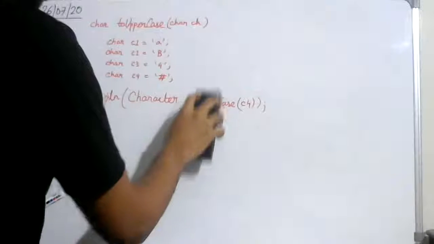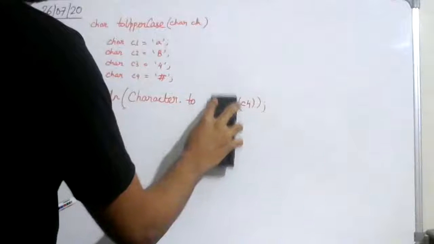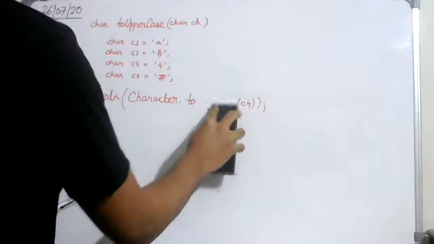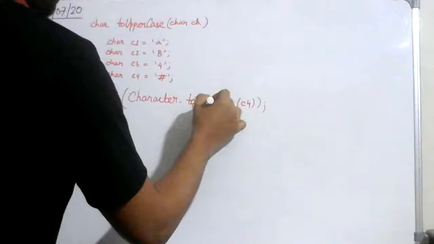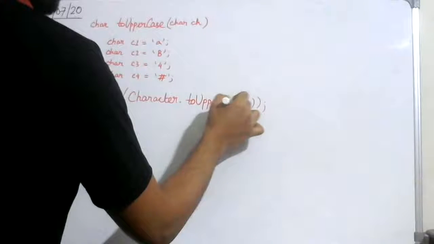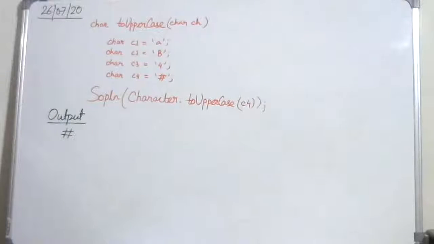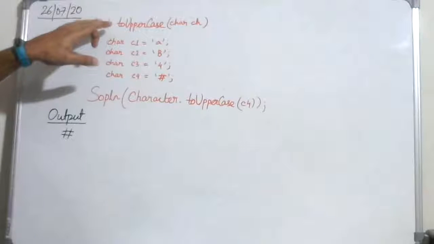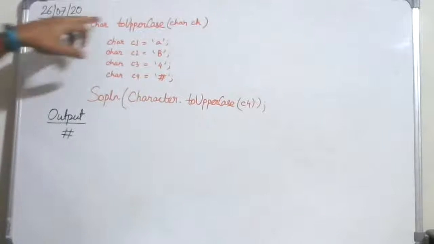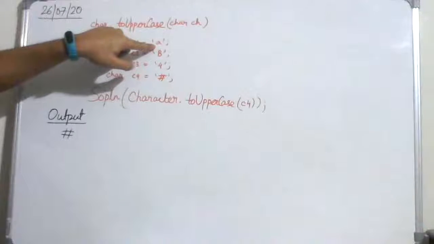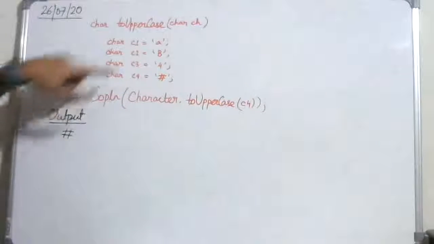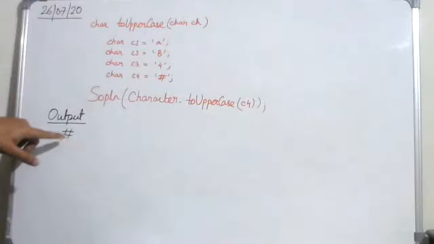The syntax to call the function is the same because toUpperCase is also a function defined inside the Character class. Again, it works in a similar way to the toLowerCase function. toUpperCase checks whether the value is in uppercase. If it is not, it will change it to uppercase. And if it is already in uppercase, we'll get that value itself as an output.